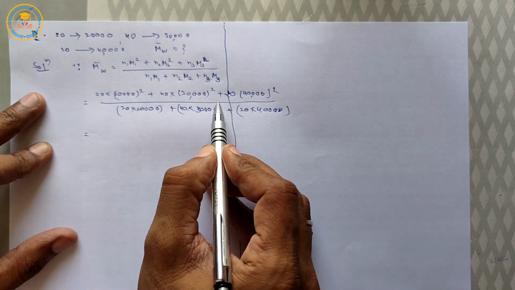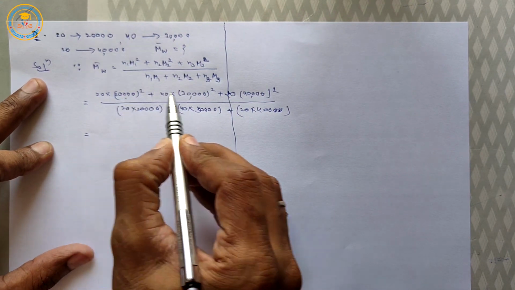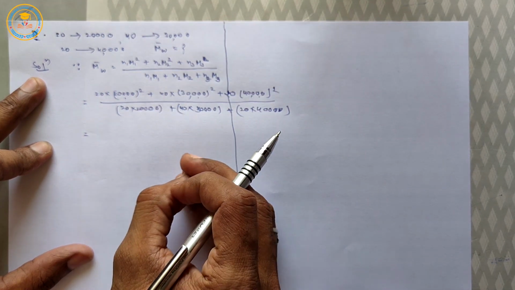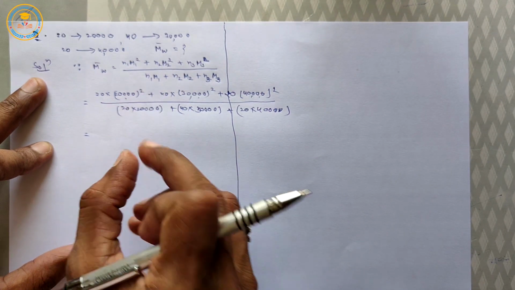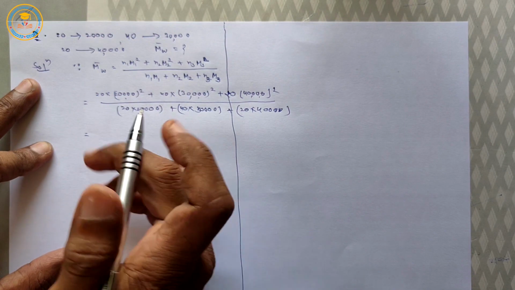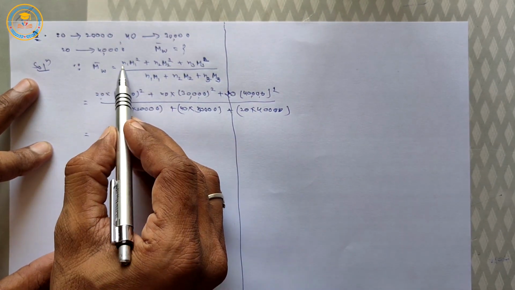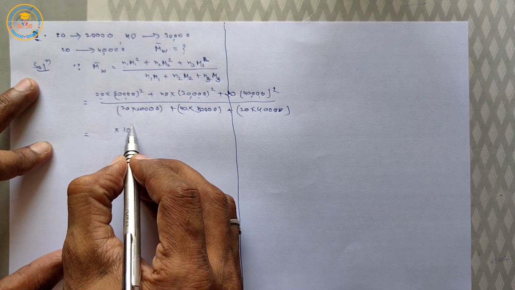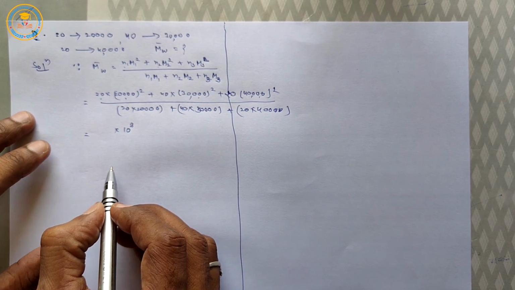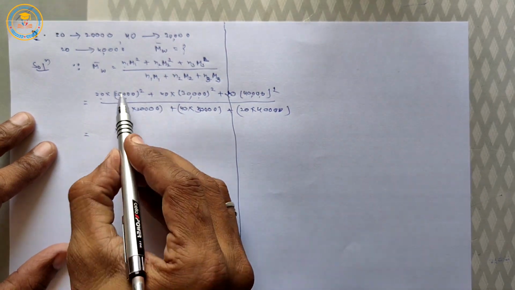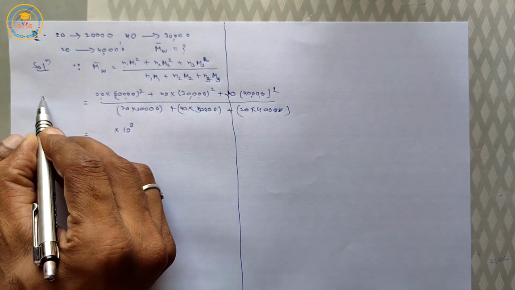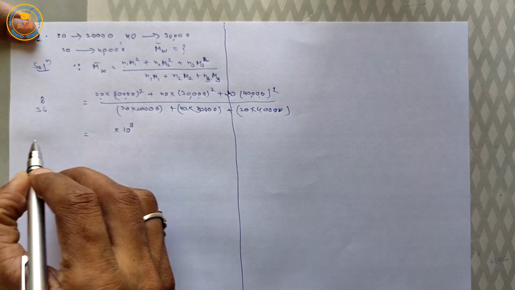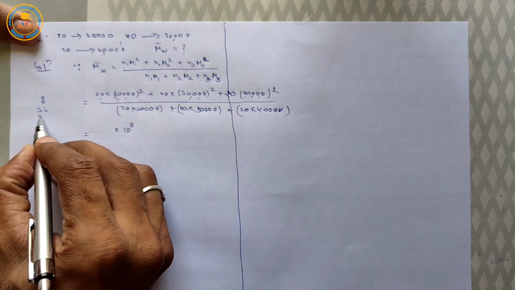Here, 20,000, 30,000 and 40,000 have 4 zeros, after squaring the resultant zeros are 8, and 1 zero is present in the values of N1, N2 and N3, so we can write 10 to the power 9, and for the numbers: 2 4s are 8, 3 3s are 9, 9 4s are 36, 4 4s are 16 and 16 2s are 32.